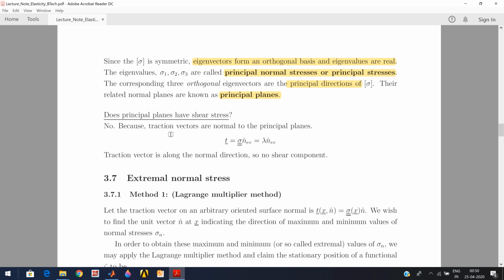The answer is no. The traction vector, as per our definition, is sigma n, and for a principal plane sigma n equals lambda n. That means the traction vector is parallel to the normal vector, so it has no shear components, only normal components. So there is no shear stress on principal planes.